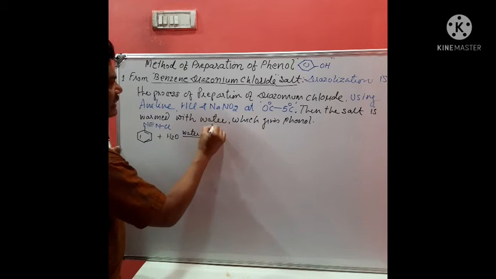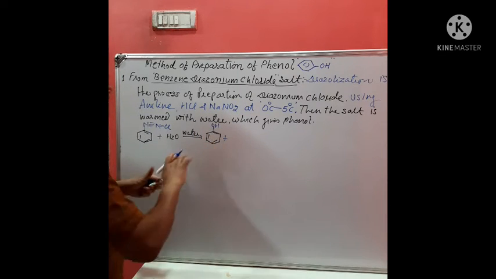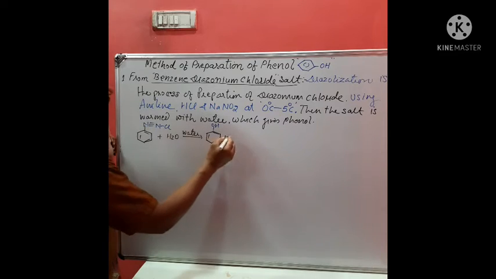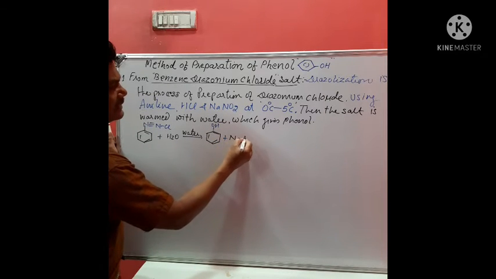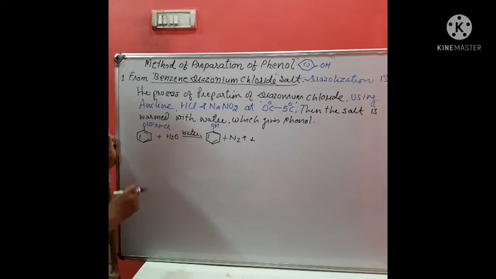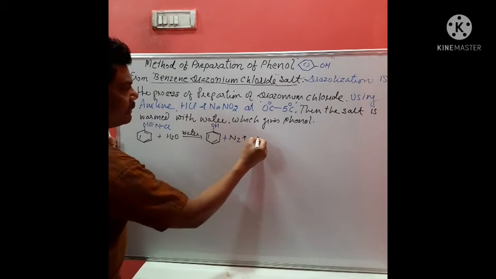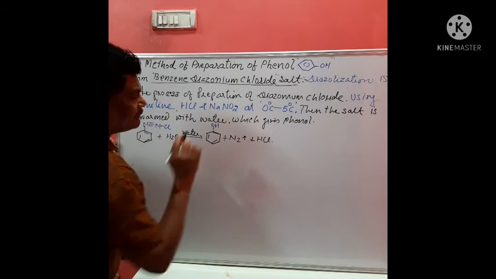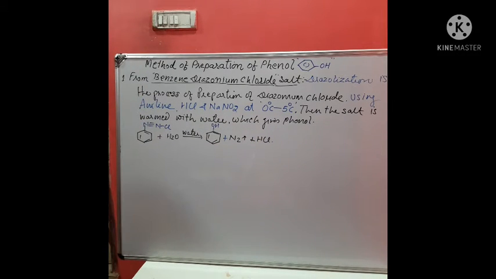Phenol. This is phenol plus N2, that is nitrogen gas, is released along with H and Cl forming HCl. Okay, so this is the first method.